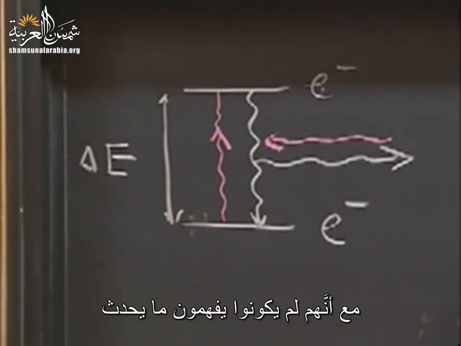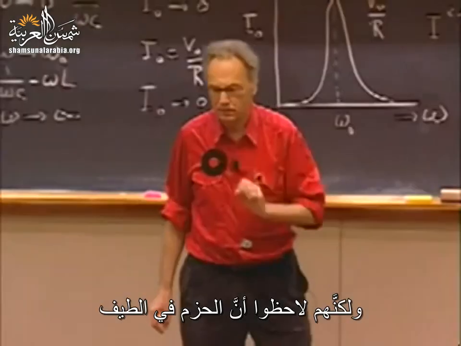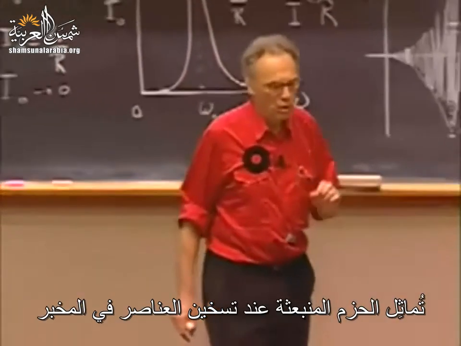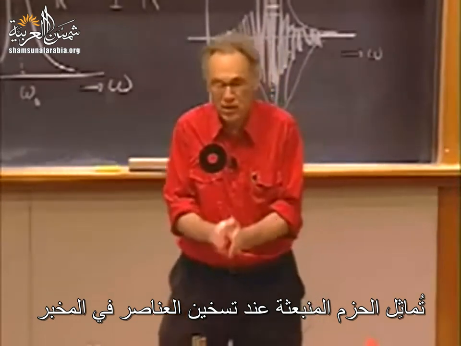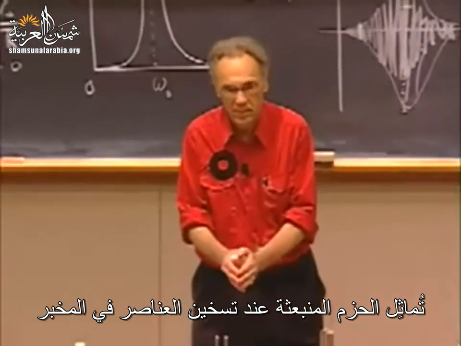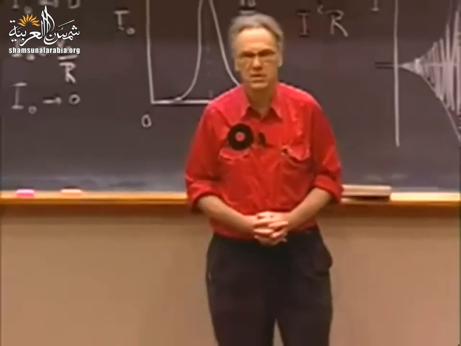Even though they did not understand what happened, they had noticed that these black lines in the solar spectrum coincided with emission lines in the spectrum that they can generate in the laboratory by heating up the various elements.